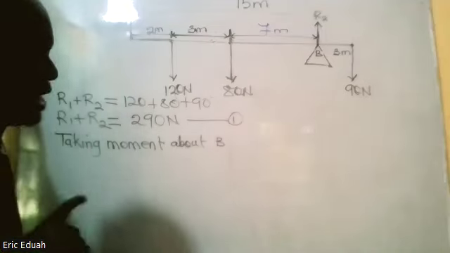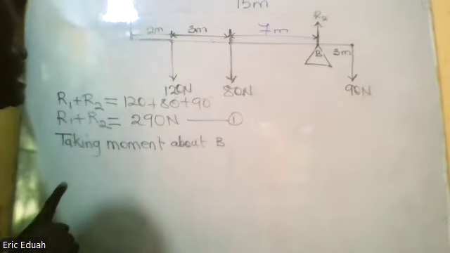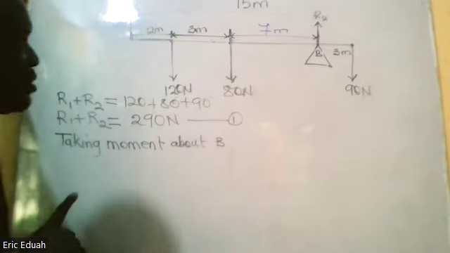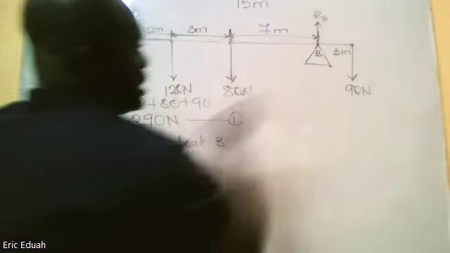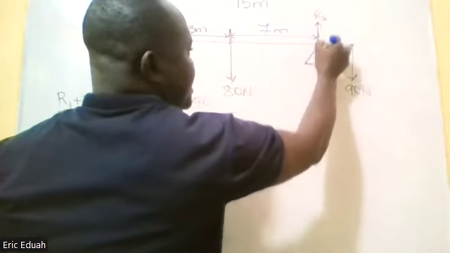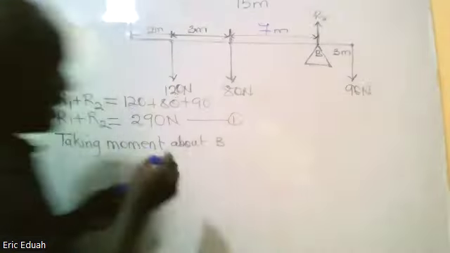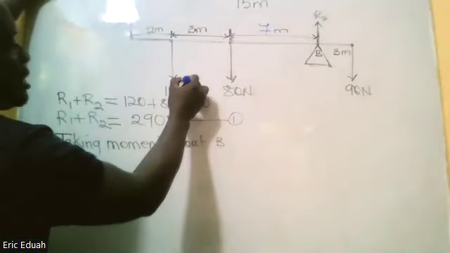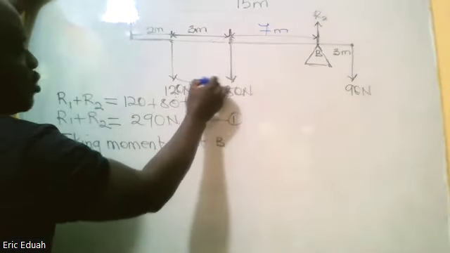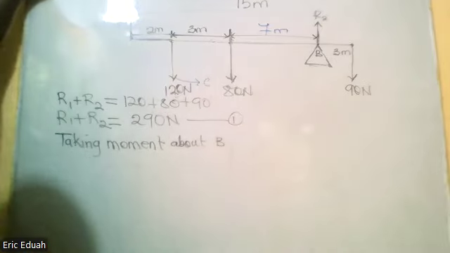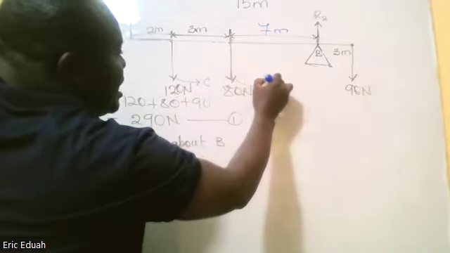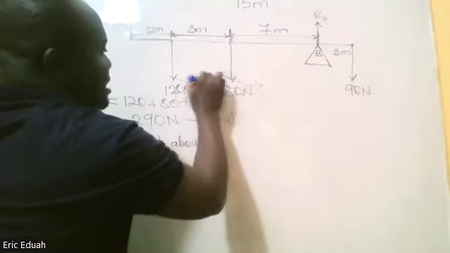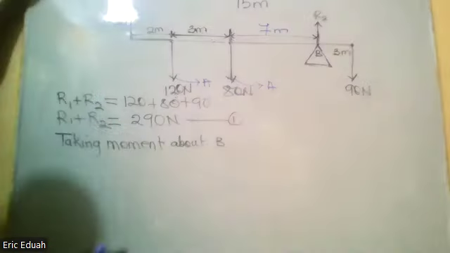Okay, so you identify clockwise moments and then anti-clockwise moments. Because we are taking moments about B, this will give us clockwise, anti-clockwise. This will also give us anti-clockwise.